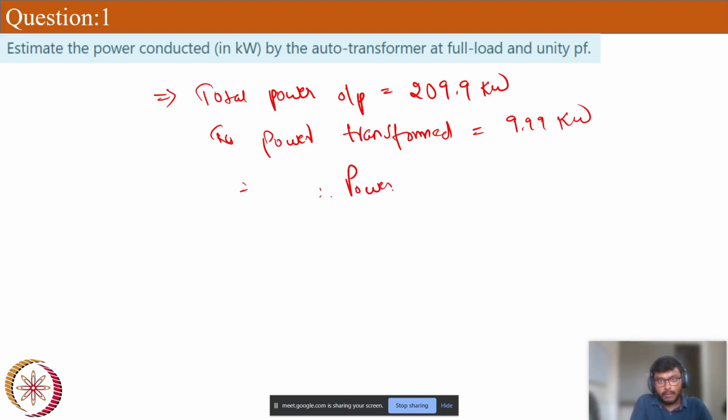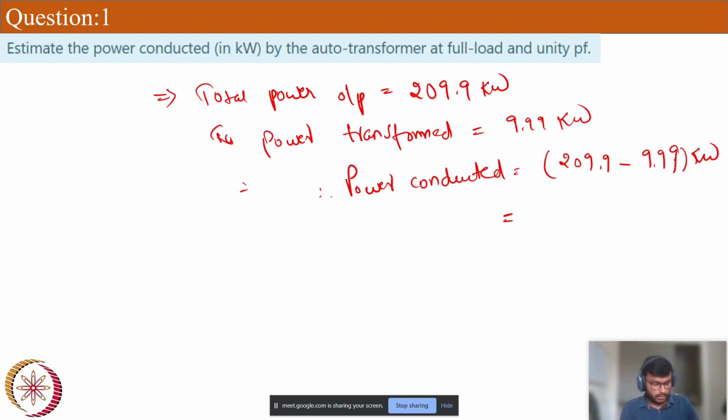Therefore my power conducted by my auto transformer will be 209.9 minus 9.99 kilowatt. It should be around 199 something, right? Yes, exactly, what I'm getting is 200 kilowatts. So we have seen two kinds of action here: the power conducted and the power transformed together contribute to the total power output.